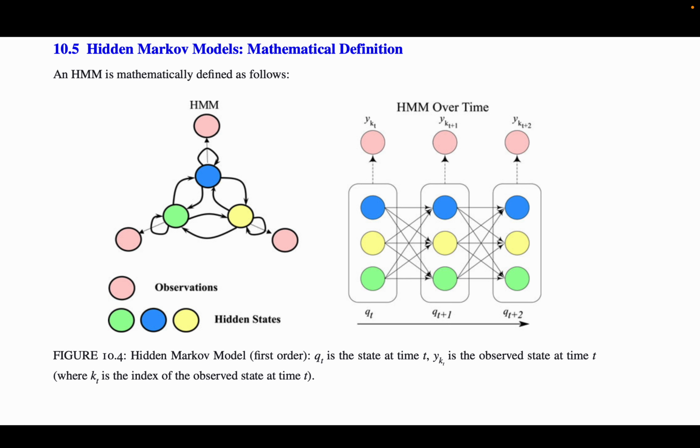In this first order hidden Markov model, Q sub t is the state at time t, and Y sub k t is the observed state at time t. K is the index of the observed state at time t. Initially we have this initial observation at time t.